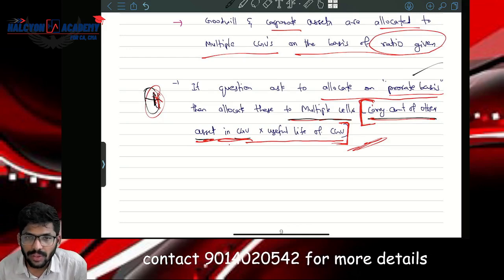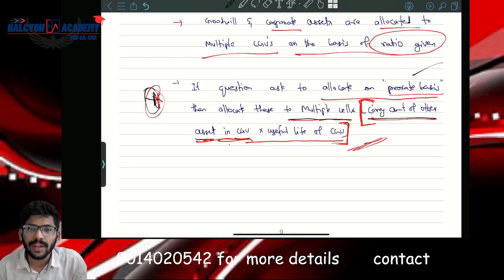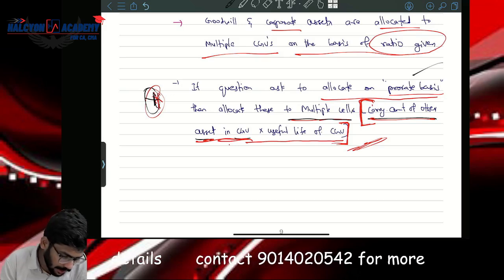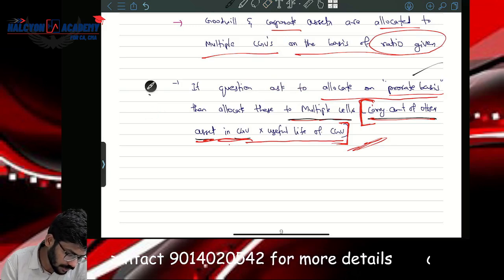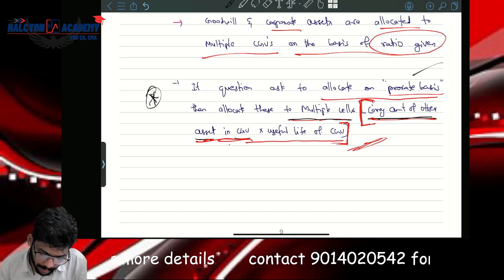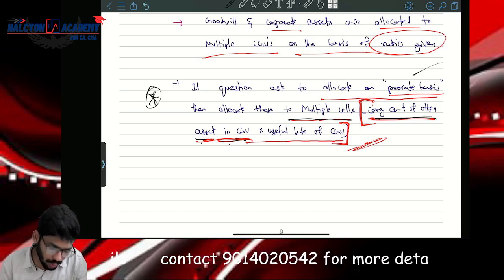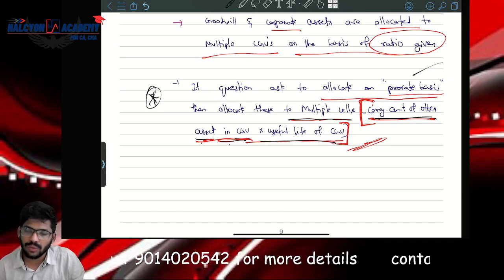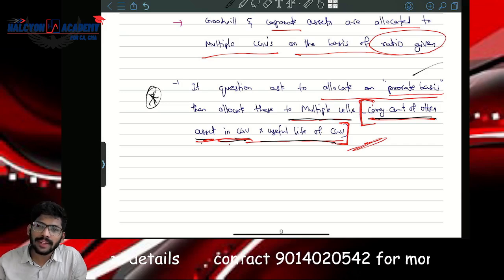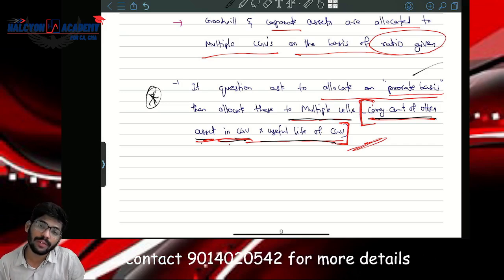If in the given question the lives of the assets are different, then you should calculate on this basis only. On which basis, sir? Carrying amount of the assets in the CGU multiplied by the useful life of the CGU. You will get some amount, and then take the proportion of the total amount.